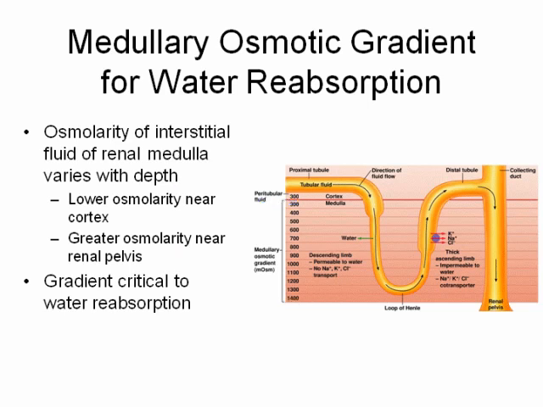And this gradient is critical to water reabsorption, because water is going to be moving down its osmotic gradient. So we're going to absorb a certain amount of water here in the beginning of the loop of Henle. But of course, it's only going to absorb as much water as the osmotic gradient allows.